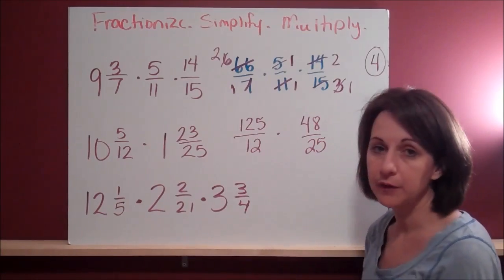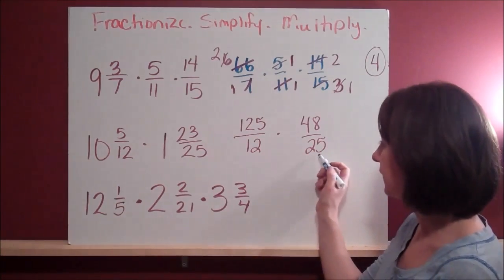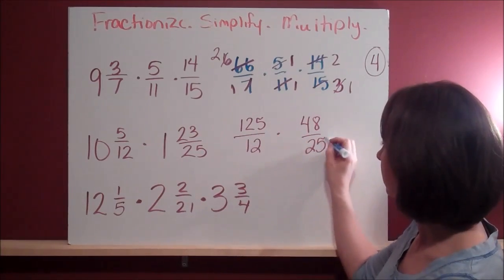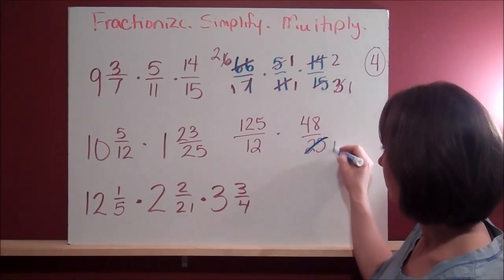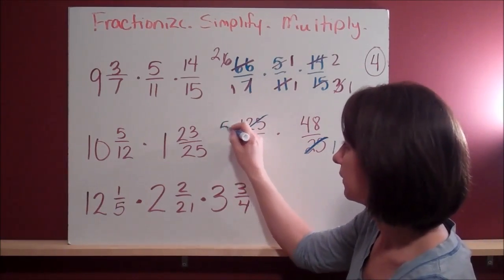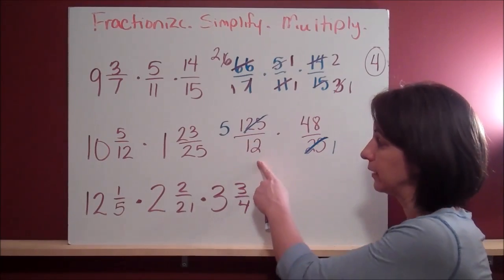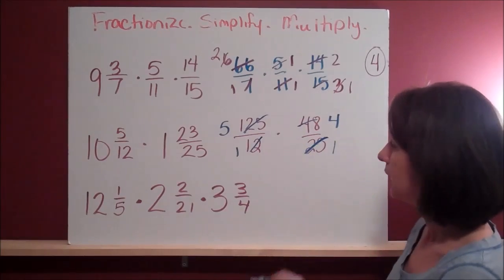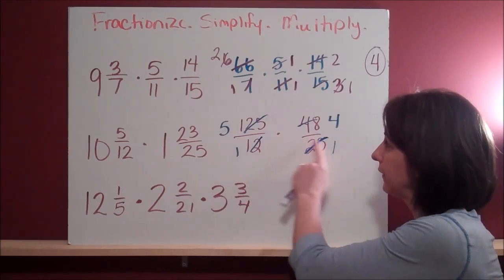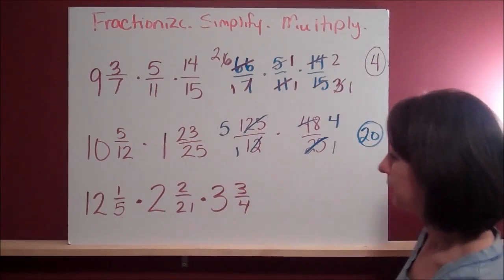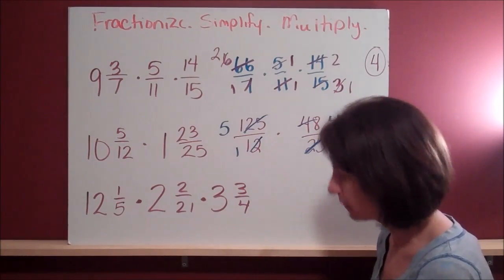And so I'm looking for something that I can simplify, and I see that 25, I know that quarters make $1.25, so this can be divided by 25, which is 1, and this can be divided by 25, which is 5. And then I see here a 12 and a 48, so this can be a 1 and this can be a 4. And now I've left myself with 5 times 4 and 1 times 1, and so my answer is 20.